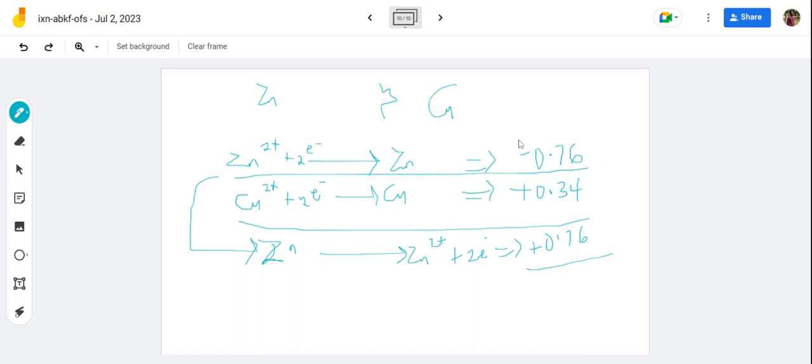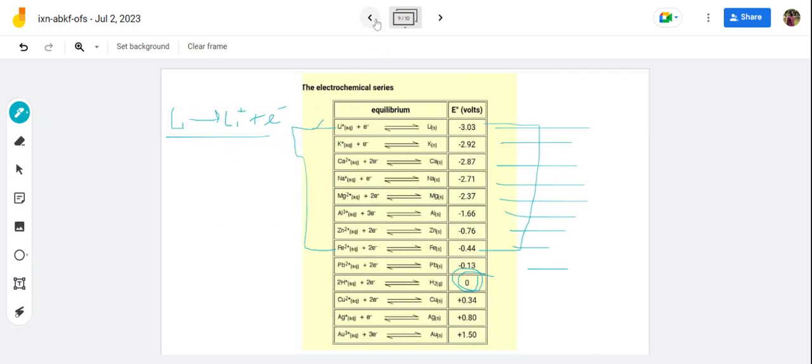Ignore the first one, we are only concerned with these two. When you add them, you get 1.10 volts. Always keep the sign, plus. This is for the Daniell cell, because Daniell is zinc and copper.